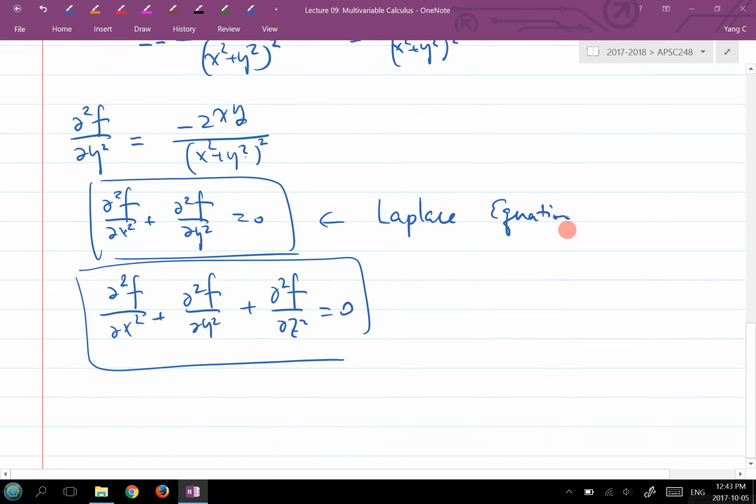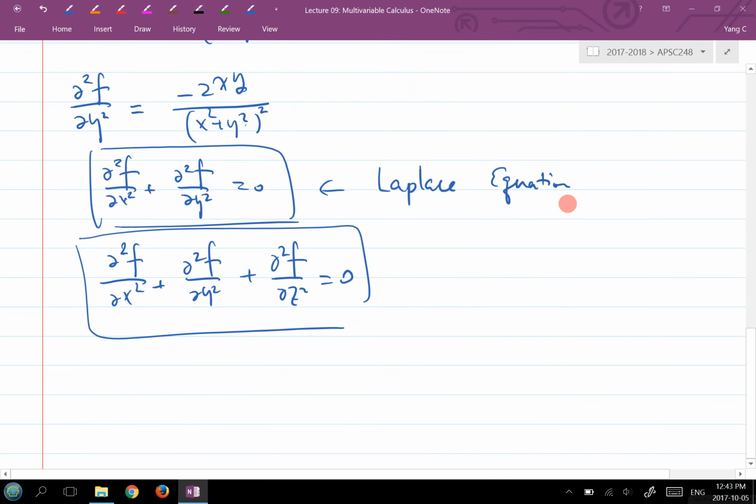Now, on a side note, you can define an operator here as this guy here, and actually we'll come to that today. This is called del squared. You can define an operator, and you can use it to operate on any function.